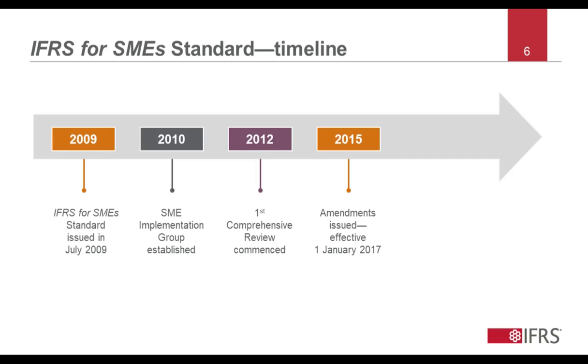So the board decided to make only limited amendments, and the 3 most significant amendments were: first, permitting SMEs to use a revaluation model for property, plant, and equipment; second, aligning the main recognition and measurement requirements for deferred tax with IAS 12; third, aligning the main recognition and measurement requirements for exploration and evaluation assets with IFRS 6, Exploration for and Evaluation of Mineral Resources, to ensure that the IFRS for SMEs provides the same relief as full IFRS standards for these activities.